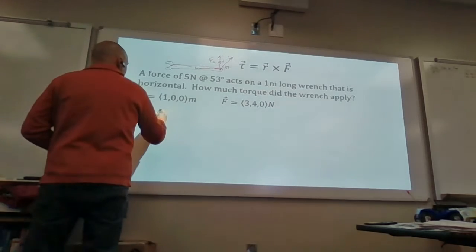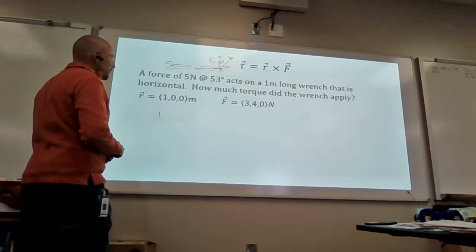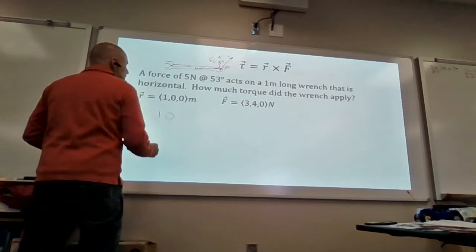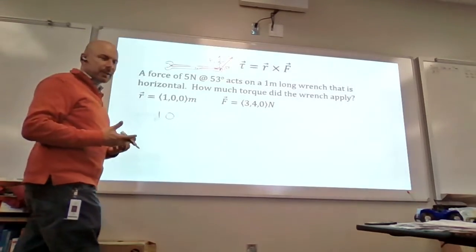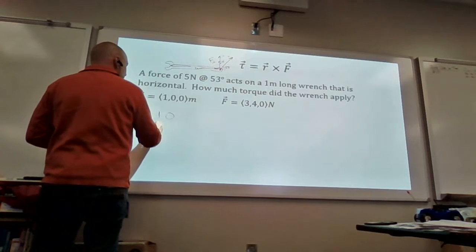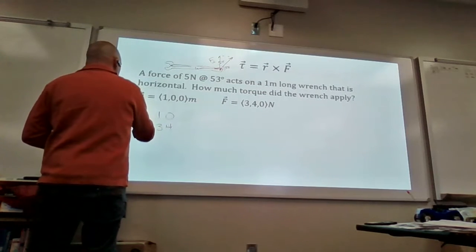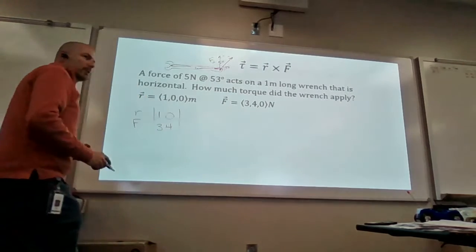Okay, so a two-dimensional. No, we'll just go 3. I'll show you 2 because this is what we're usually using in here, but for kicks and giggles, I'll show you 3. So here's the radius, here's the force. 2x2 matrix.